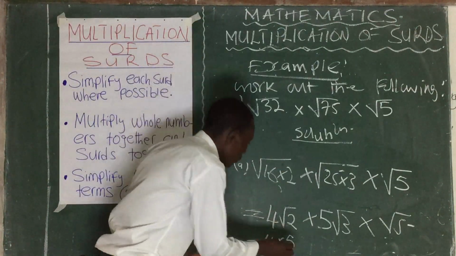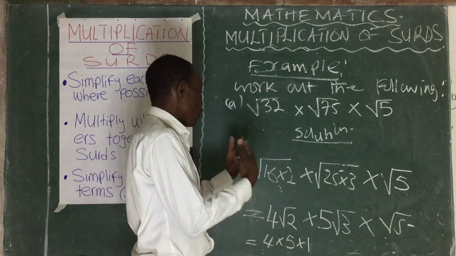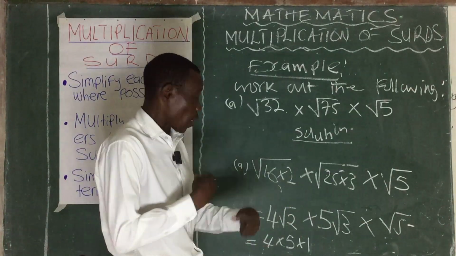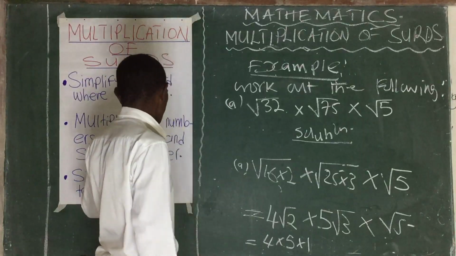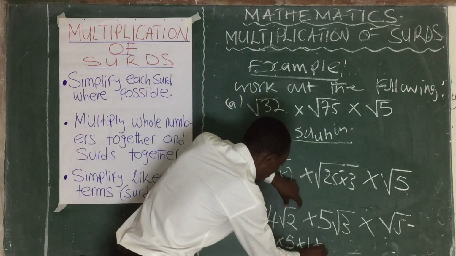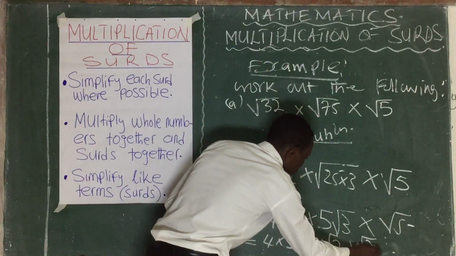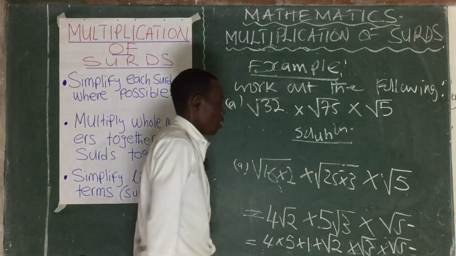But for my sake, let me write a 1, though we can forego it because 1 has no effect in multiplication. That's what it means here. So once you have done that, you also have to multiply the surds together. So here we talk of root of 2, multiplied by square root of 3, and finally multiplied by square root of 5. Right.